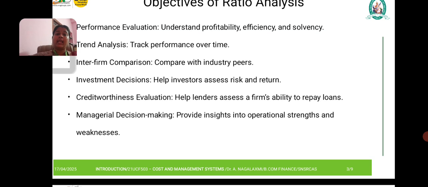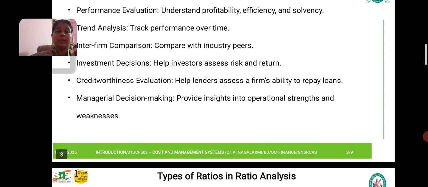Creditworthiness evaluation helps lenders assess a firm's ability to repay loans. If we are going for expansion of a business or introduction of a new product, we need a lender for investment. If we go for lending, they will assess whether we are in a position to repay the amount.